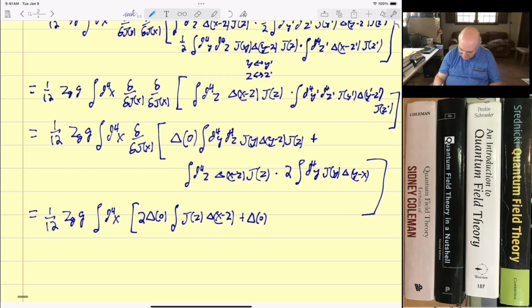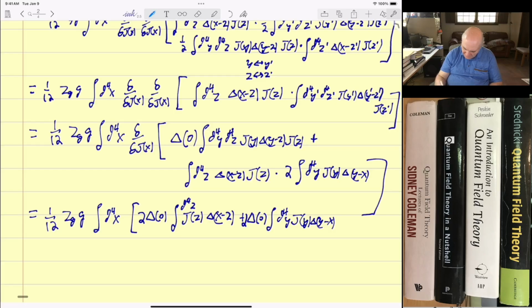Okay, so this over here is going to give me del 0 times 2 del 0, the integral of d4y jy del y minus x. I left out the d4z over here.